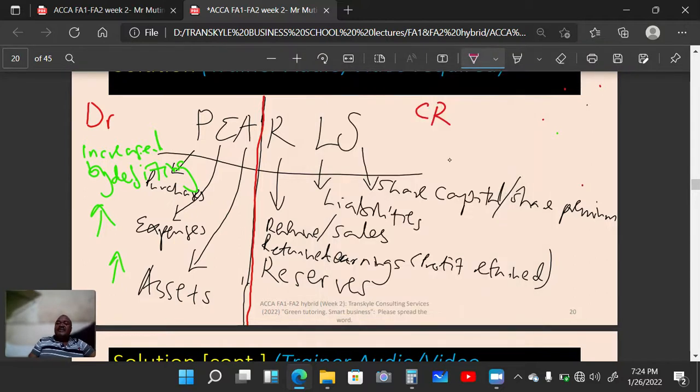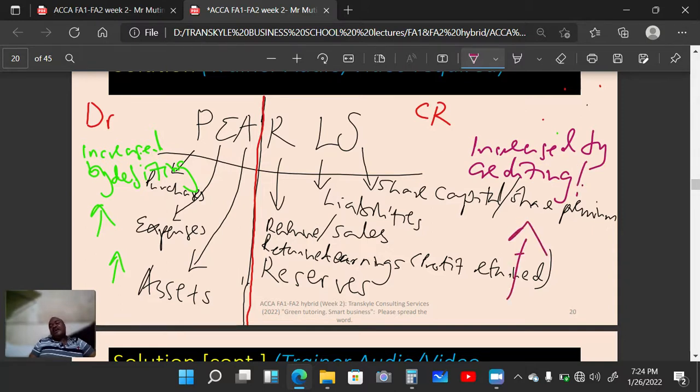They're increased by crediting. These ones, they are increased by crediting.